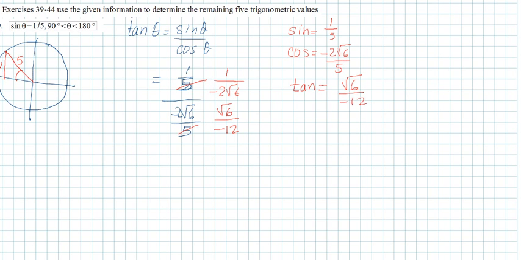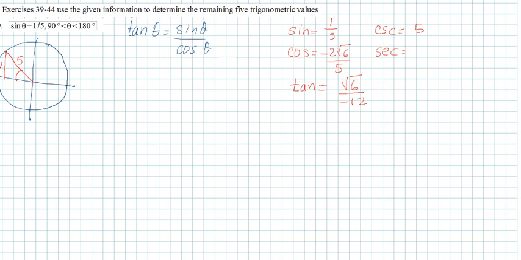Once you have the sine, cosine, and tangent, the other ones are very easy. For example, the cosecant is the reciprocal of sine, so cosecant is 5. And the secant is the reciprocal of cosine. So just flip those and let me work those out for you.